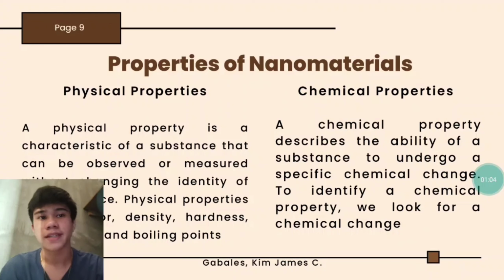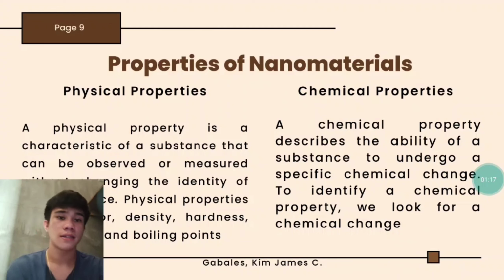In chemical properties, a chemical property describes the ability of a substance to undergo a specific chemical change. To identify a chemical property, we look for a chemical change. So the keyword is chemical change. This includes the structure formula, the composition of nanomaterials, the phase identity, the surface chemistry, and the hydrophilicity.